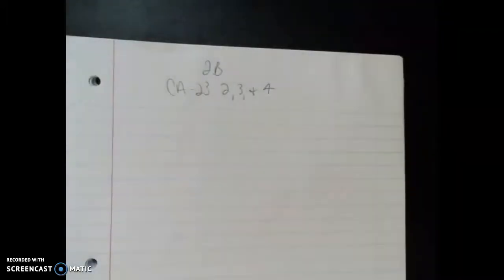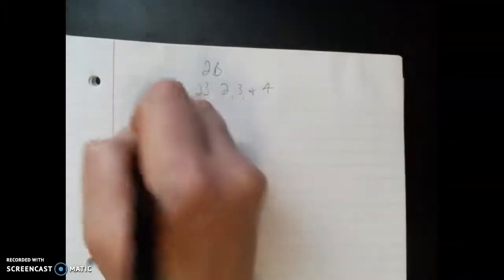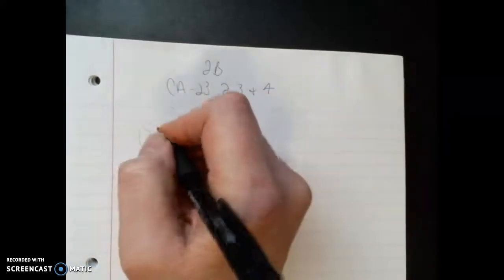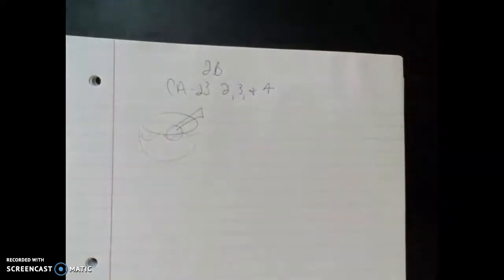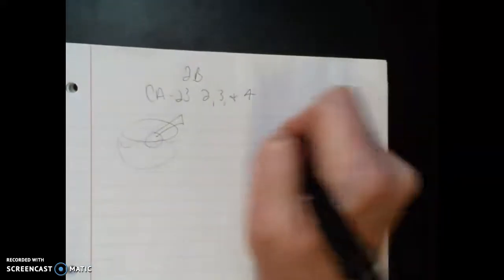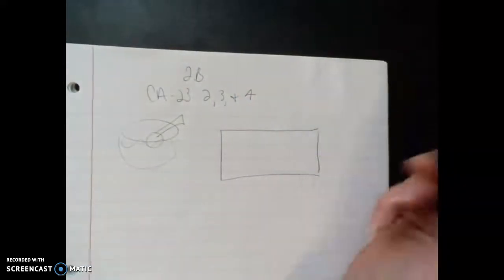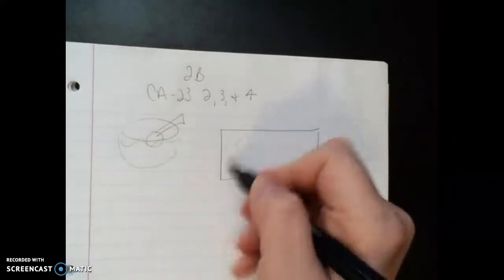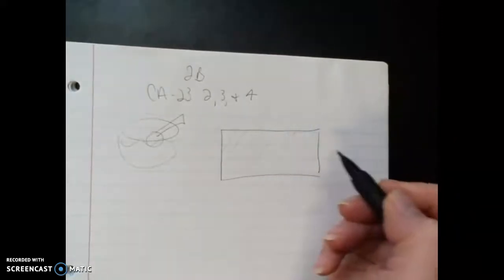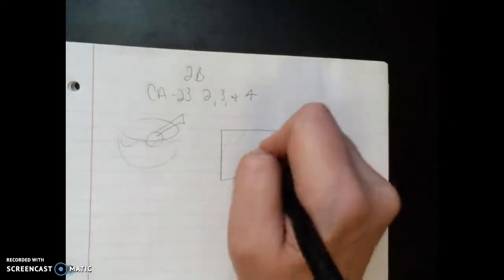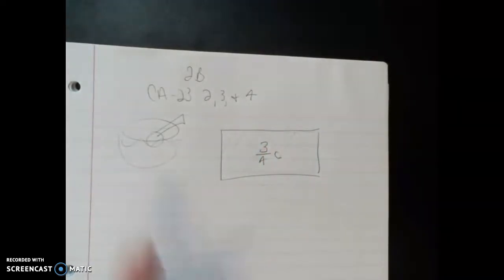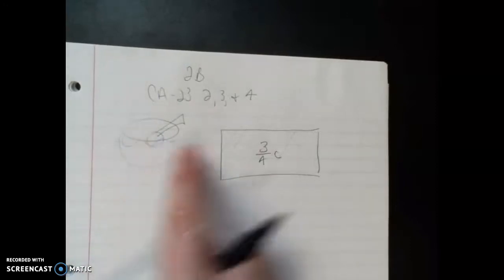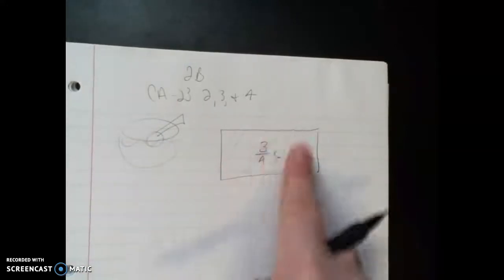Okay, so here's his bowl, and he put all his ingredients in there, stirred it all up, beautiful drawing, and rolled it all out. We know that this dough right here, all rolled out in a nice rectangle, has 3/4 of a cup of butter in it. And again, that butter has been mushed and stirred, so it's equally spread throughout this dough.